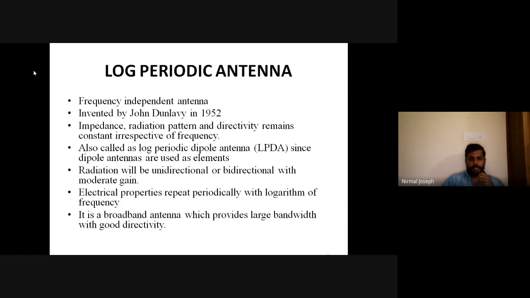The radiation will be unidirectional or bidirectional with moderate gain. With dipole antennas, we can have a unidirectional or bidirectional radiation pattern, in the end-fire and broadside cases. You might remember those cases, where we can convert the bidirectional radiation pattern into a unidirectional one. How can we do that?